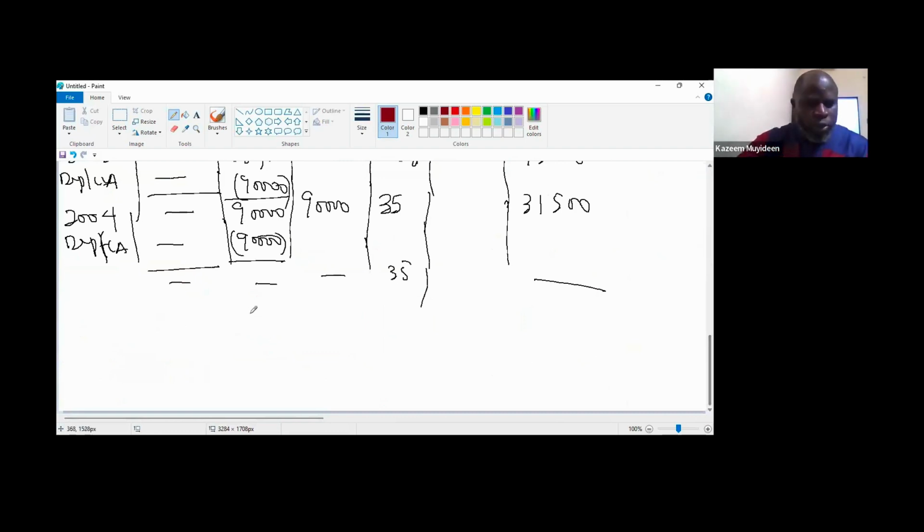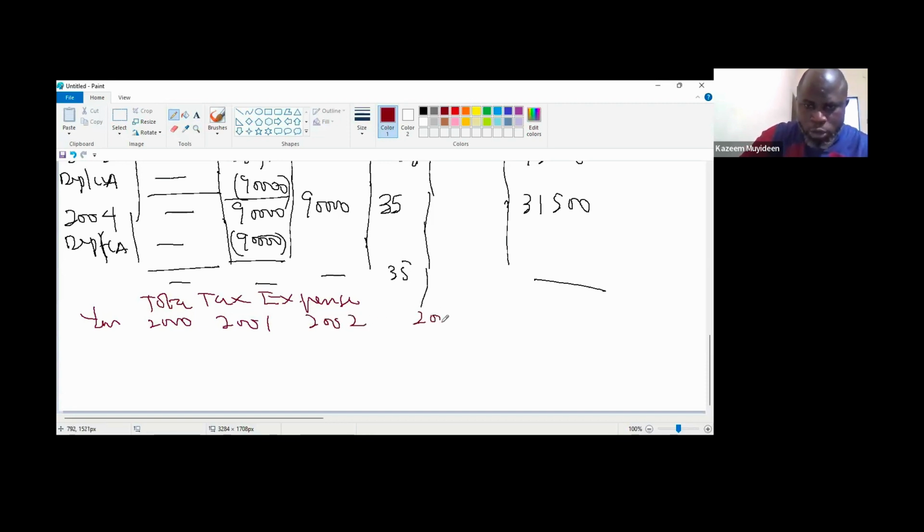So total tax expense for the years 2000, 2001, 2002, 2003, 2004.